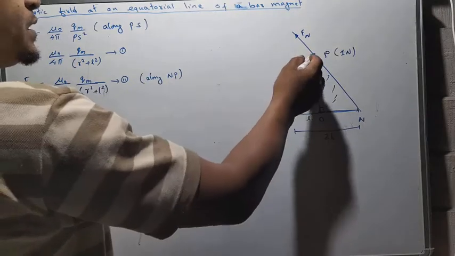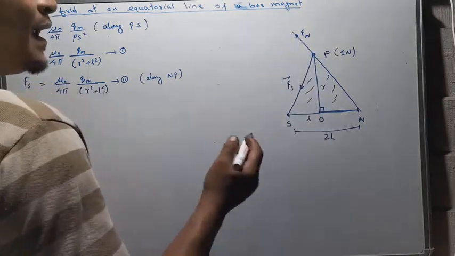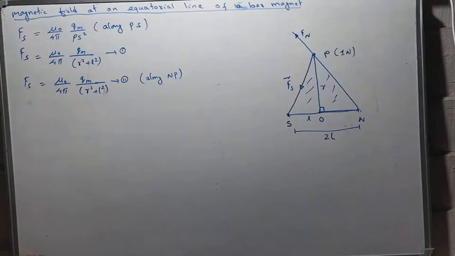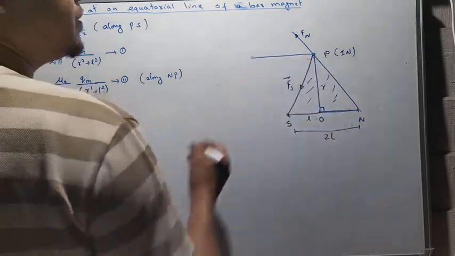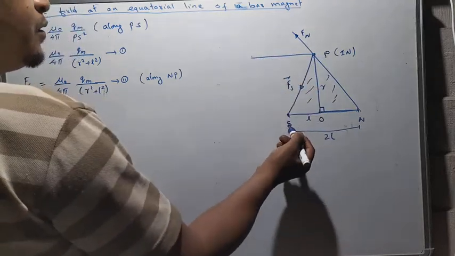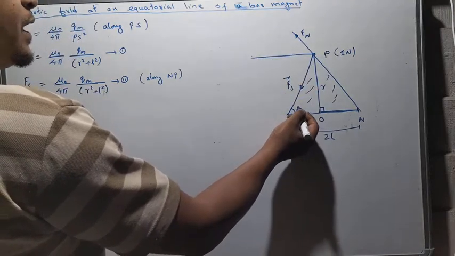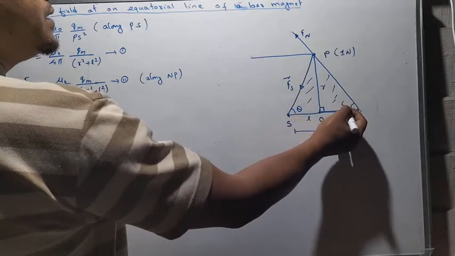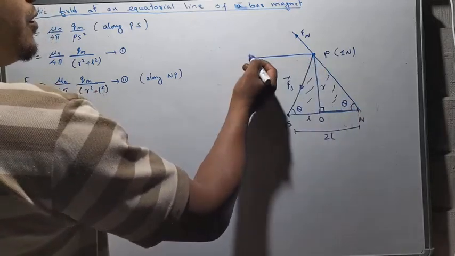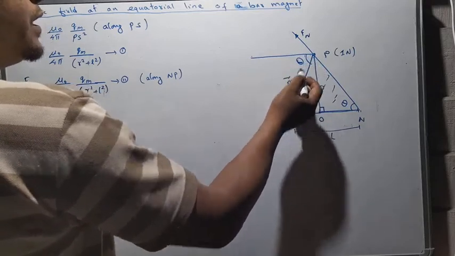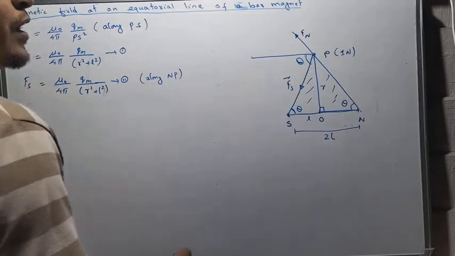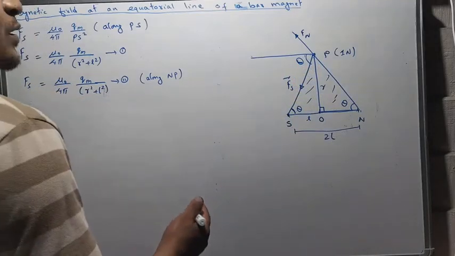Now look at this figure. The two forces Fs and Fn are acting in different directions, so we need to resolve them into two rectangular components. When you look at Fs, for that, let me first name this angle as theta. If this is my horizontal, then this angle also will be theta, because these two are alternate interior angles, so they are equal to each other.